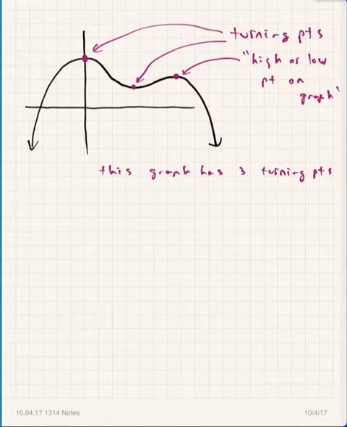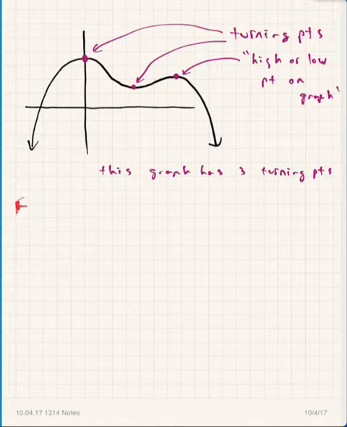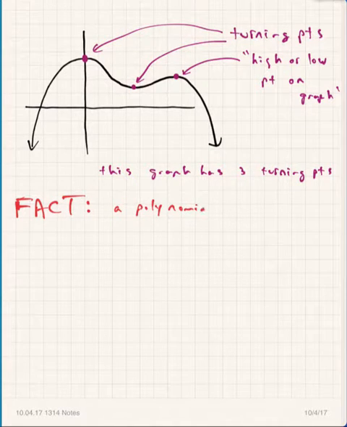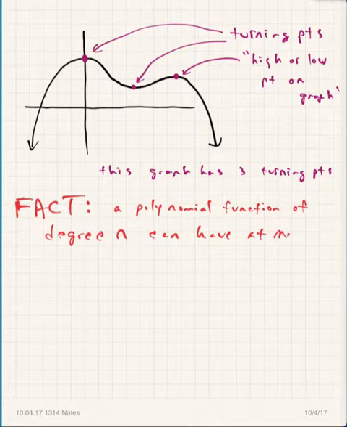And this is a fact right now that I'm going to state about polynomial functions. And so we're going to write this out. Fact. A polynomial function of degree n can have at most n minus 1 turning points.